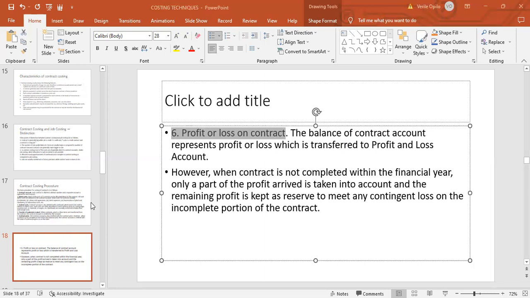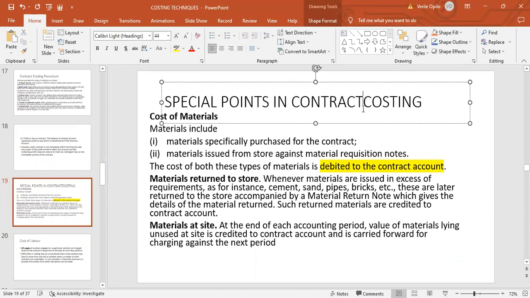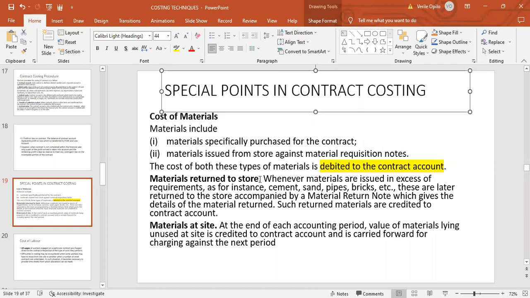Before we even look at the contract costing account itself, there are some special points that we need to note with regard to contract costing. There are some computations that we will be making here and there, and we need to make notes of these points.